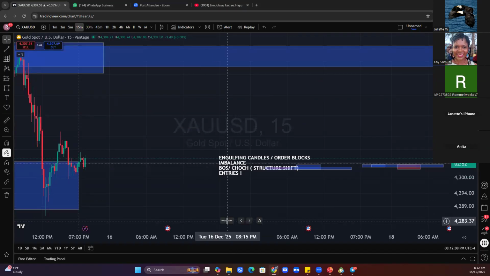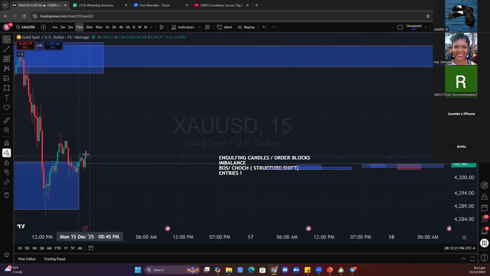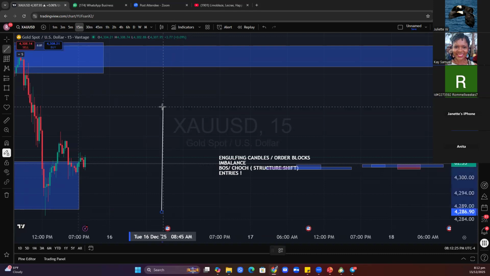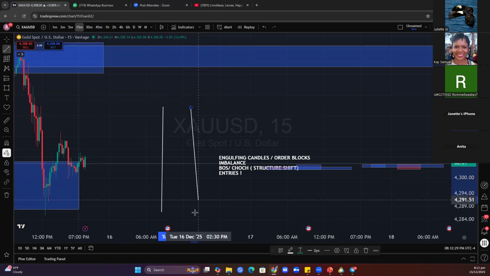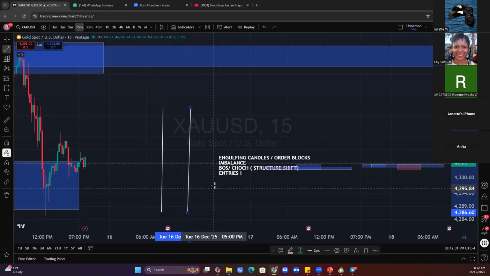Because think about it logically. In a market that has buyers and sellers, to buy, somebody has to be selling, and to sell, somebody has to be buying. So the market has to trade in balance. Otherwise, if there were just buyers, the market would just go straight up, and if there were just sellers, the market would just drop straight down.